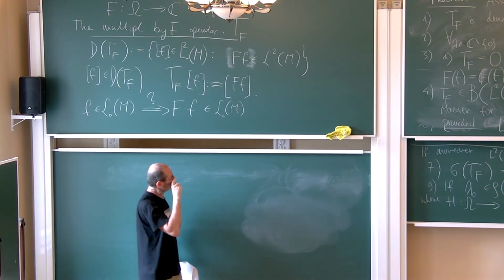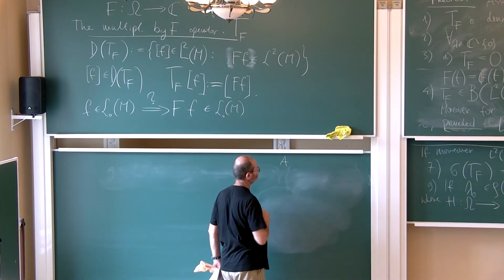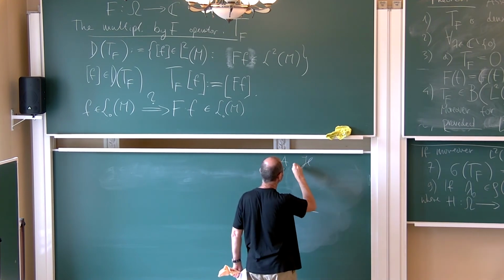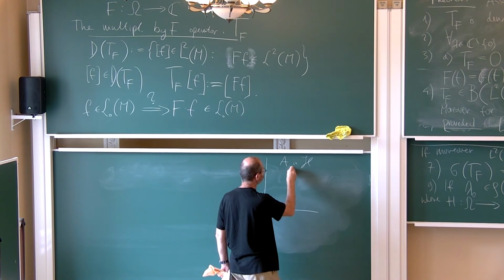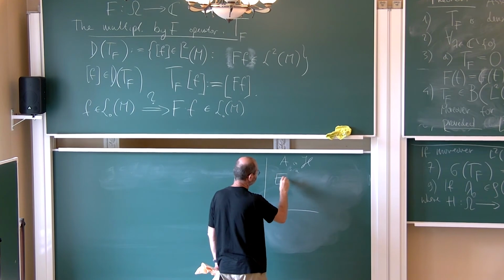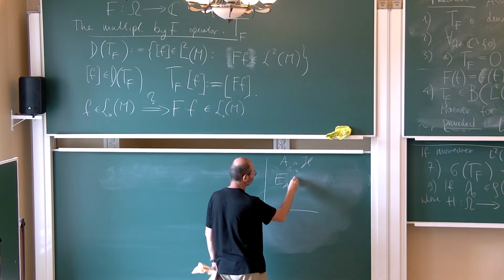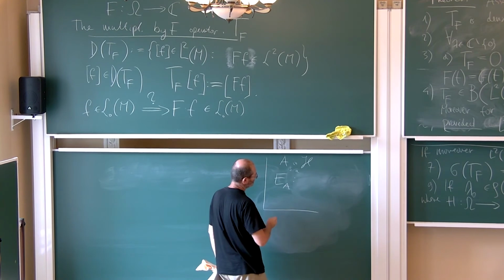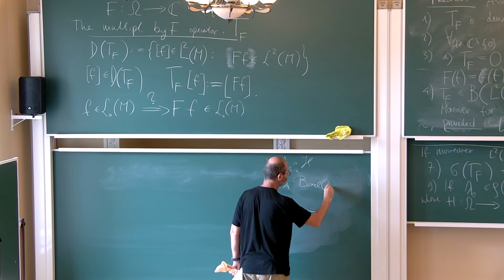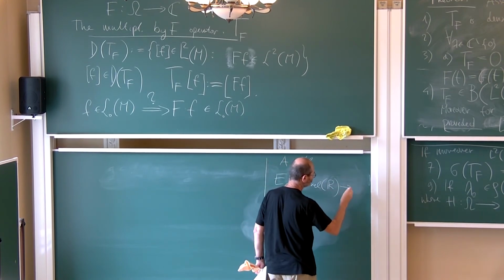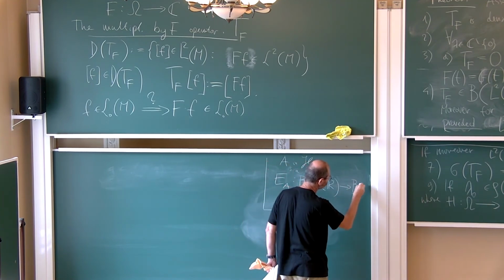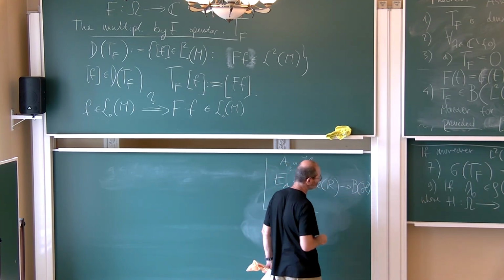Let me recall, when we have an operator A in a Hilbert space H which is self-adjoint, the notation was that E_A is a function on Borel subsets of R into orthogonal projections, in particular bounded operators in Hilbert space.